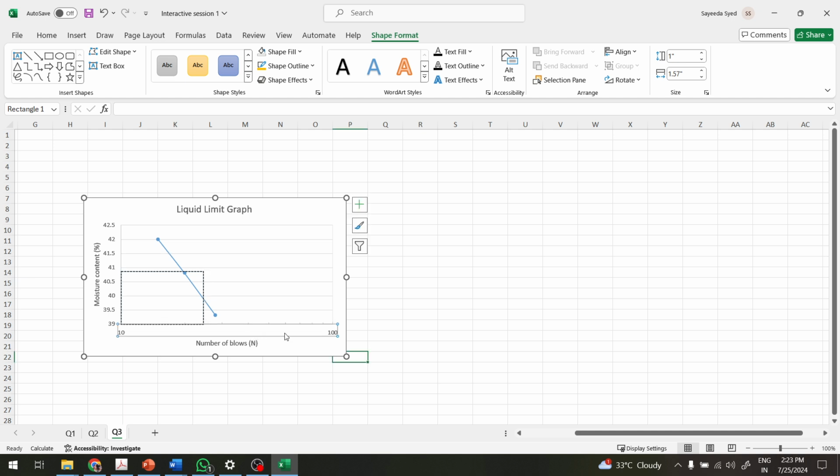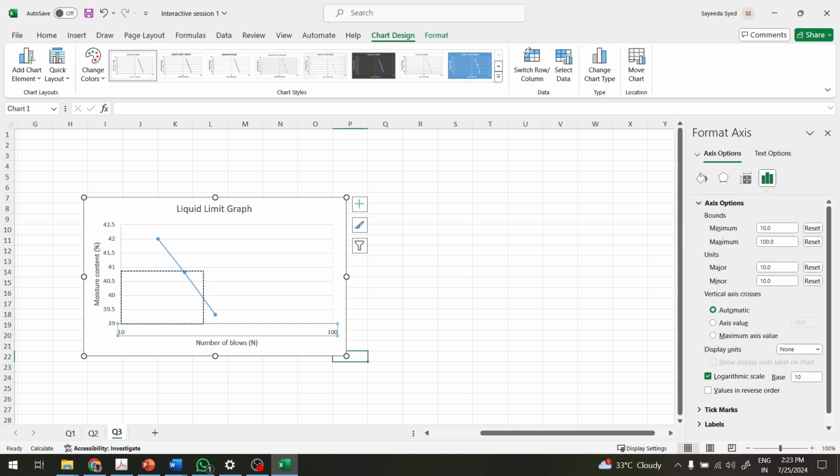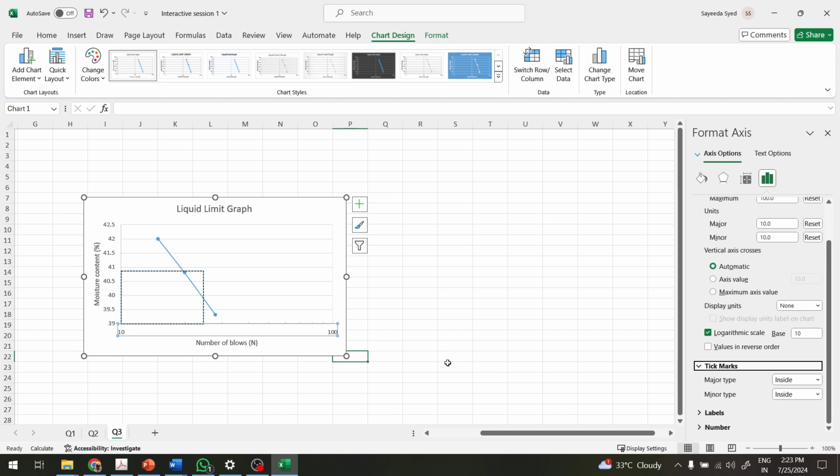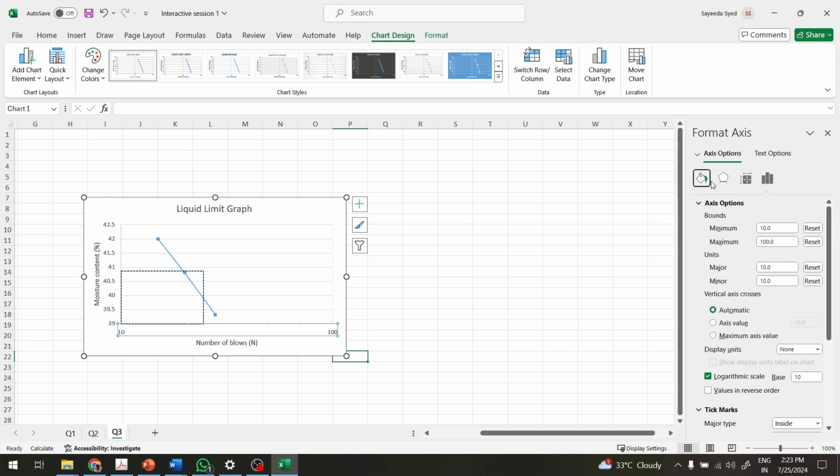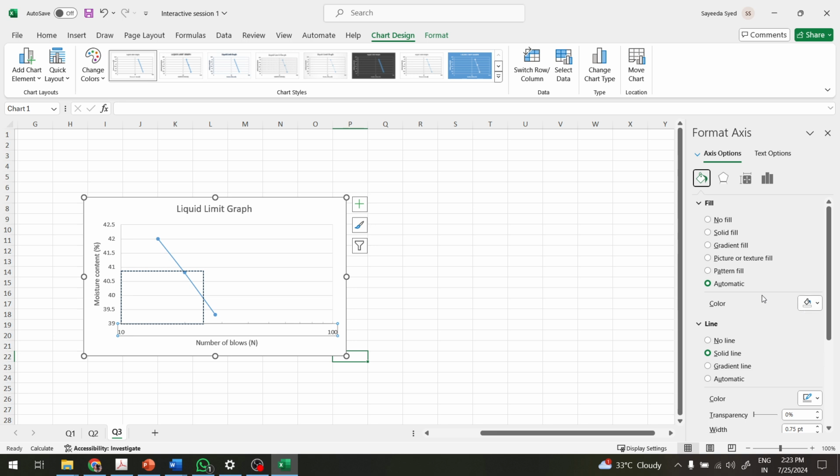Let me take minor grid lines at 5. Okay. So tick marks inside. So the color, let's take black. So we can see.